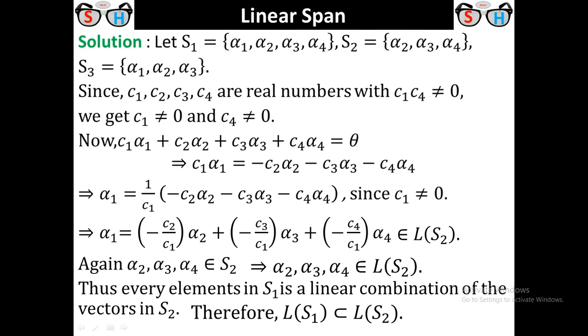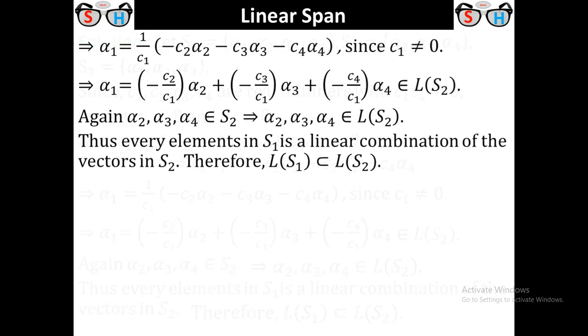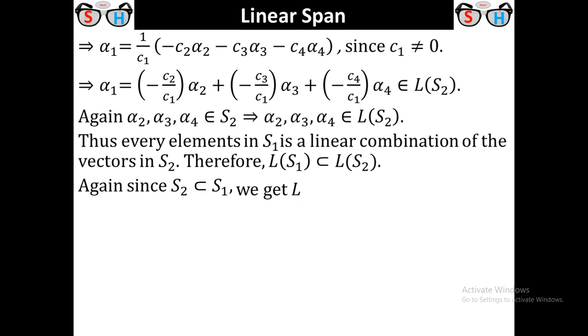So by the first theorem, since S2 is a subset of S1, we can conclude that L of S2 is a subset of L of S1. From these two results, we can conclude that L of S1 equal to L of S2.